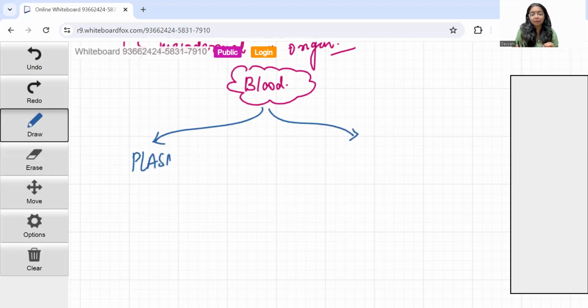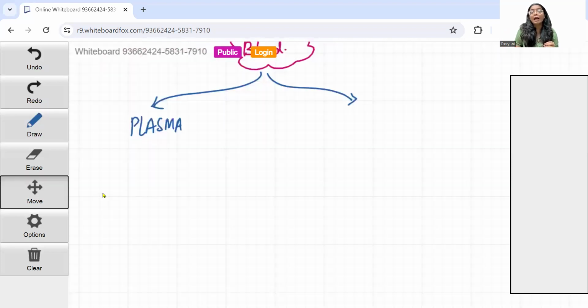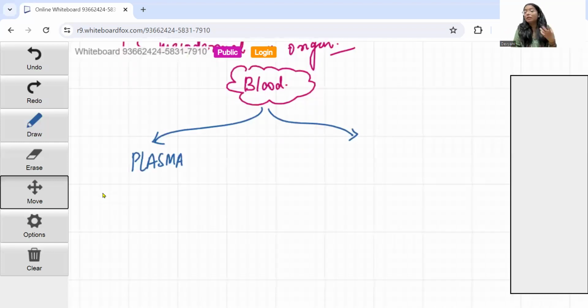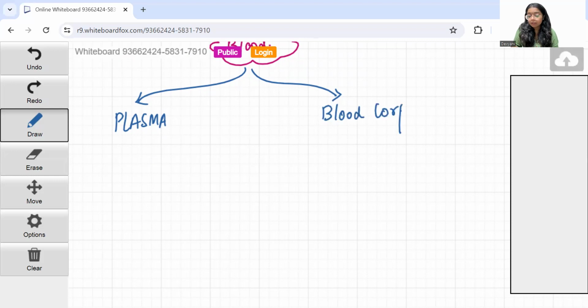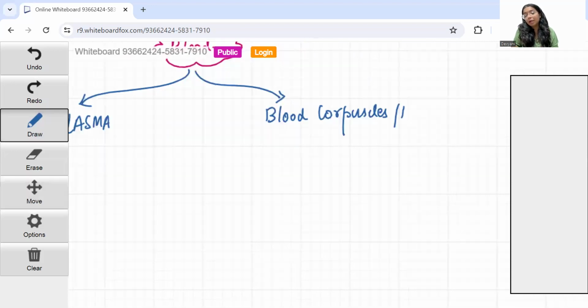Then we are also aware that we have different types of cells in our blood. We have RBCs, we have WBCs. We are aware of this much information from our previous classes. We call these blood corpuscles, which are nothing but the blood cells.